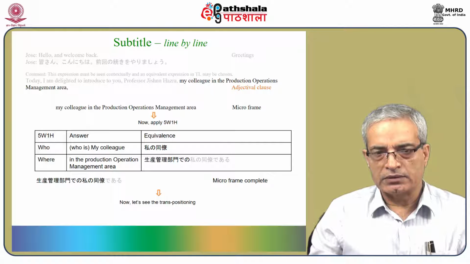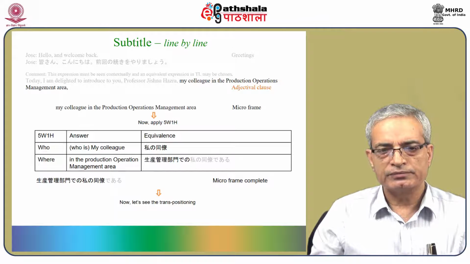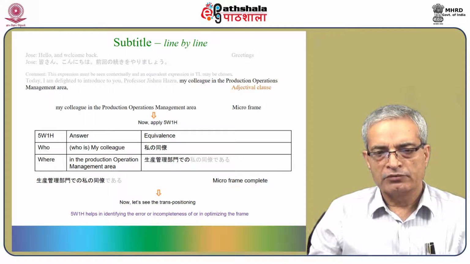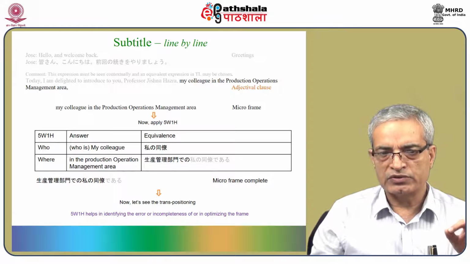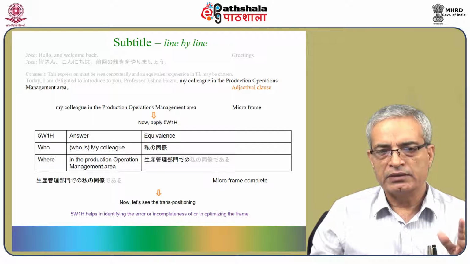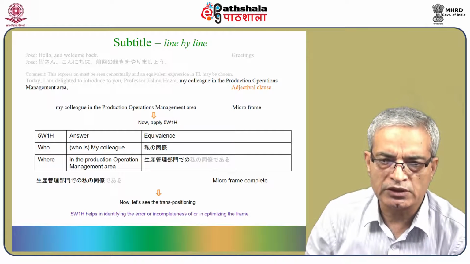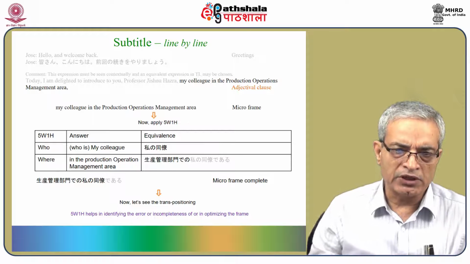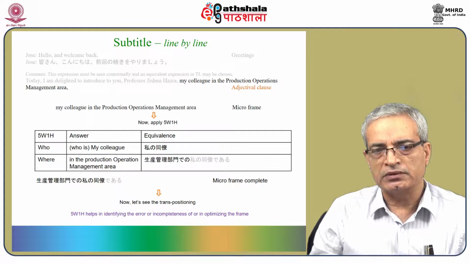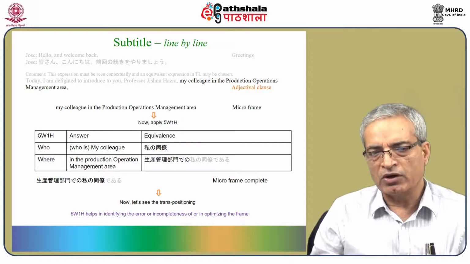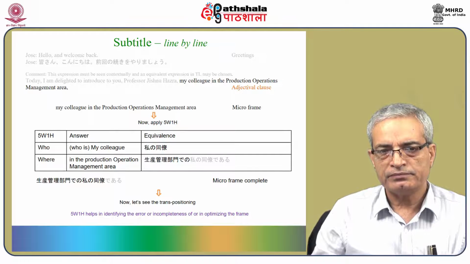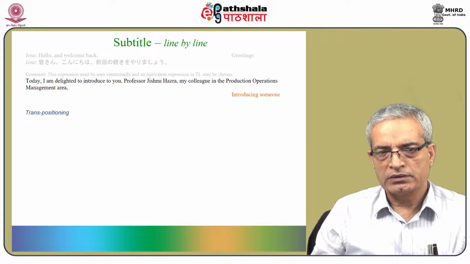Let's see the transpositioning now. 5W1H helps. You have seen it is helping in identifying the error or the incompleteness of the frame, or in optimizing the frame. Now let's see the transpositioning.